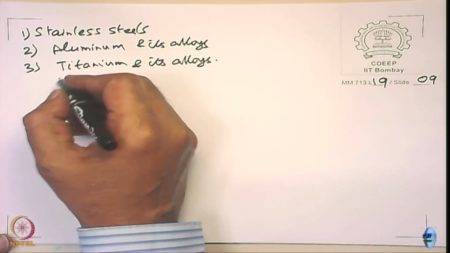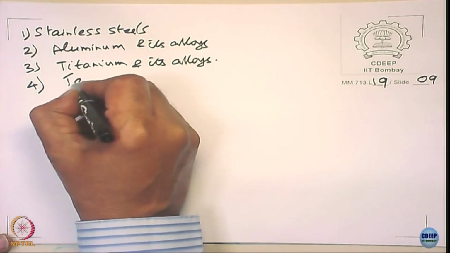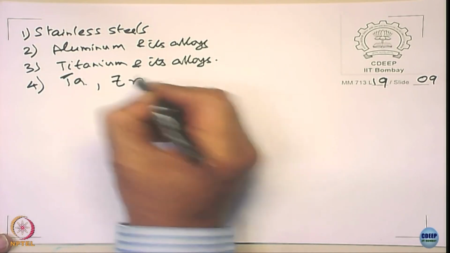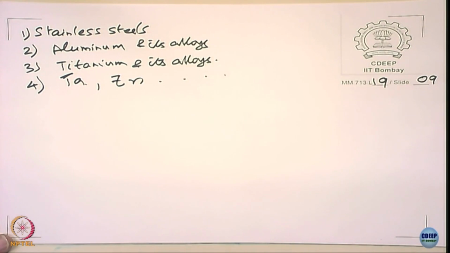You can have, for example, tantalum, zirconium, there are several metals which are passivating. It is also possible that you can passivate even pure iron under given pH conditions, right. We have seen the Pourbaix diagram. It is not necessary that stainless steel can passivate in all cases, not necessarily, but predominantly yes, from the engineering point of view, these metals exhibit passivation.